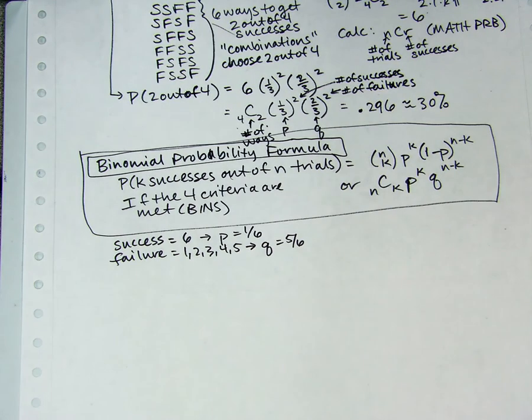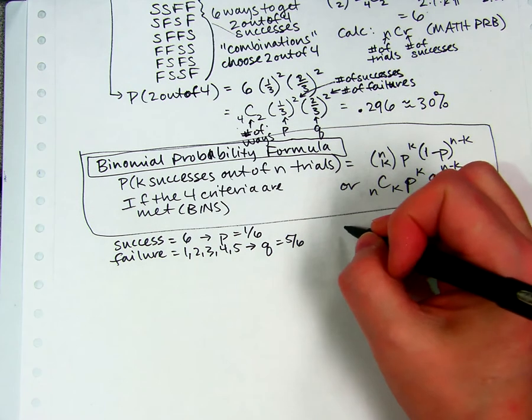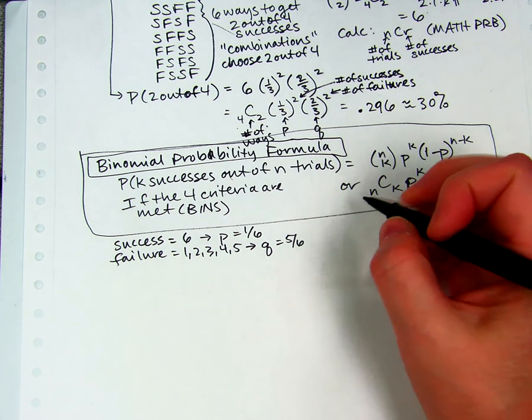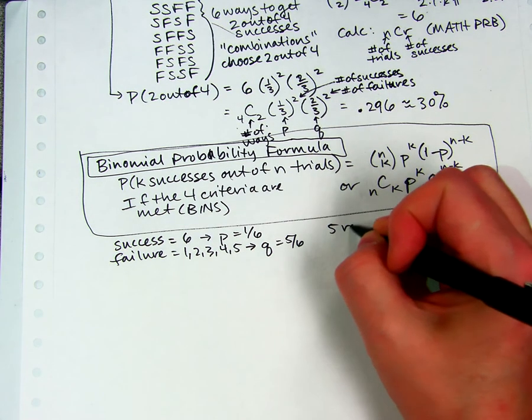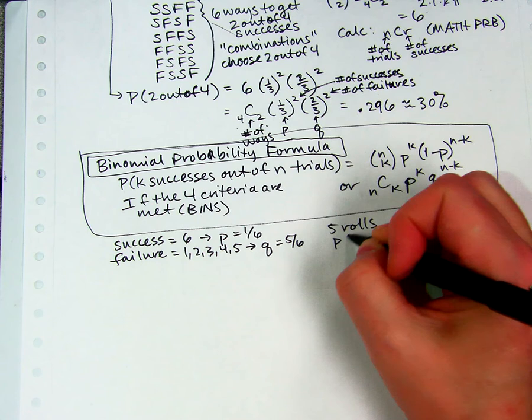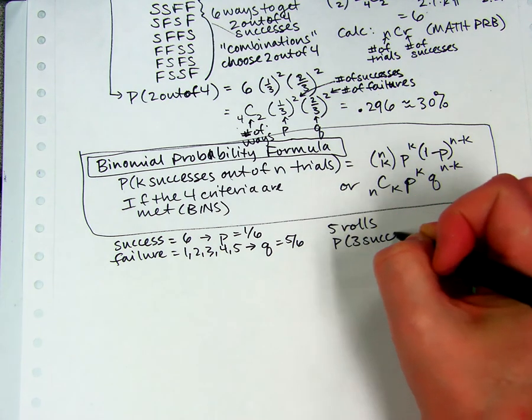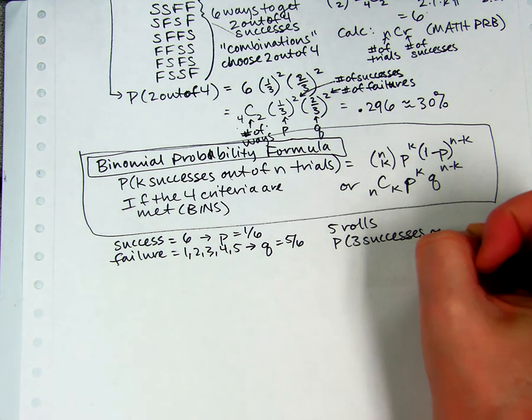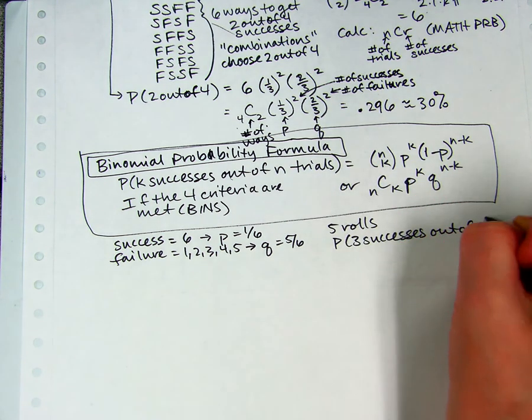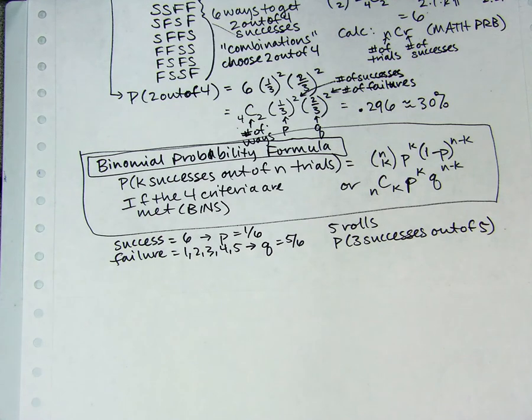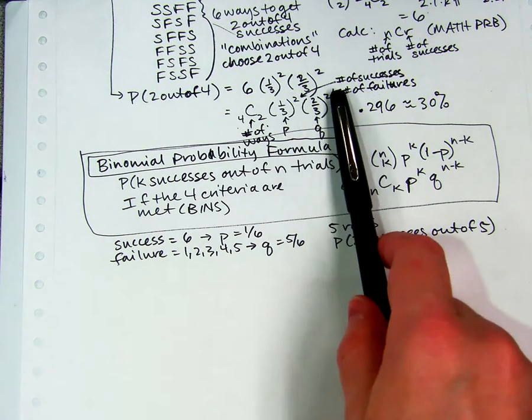And let's do a different number of rolls besides 4. Let's do, just for fun, 5 rolls, and the probability of getting 3 successes out of 5. Because I want to choose an odd number so that you can see what happens when these don't match.